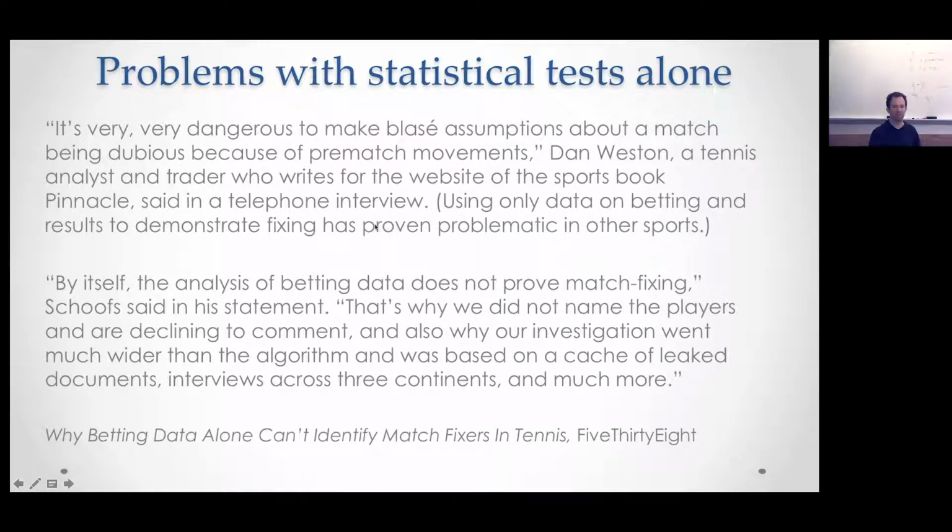Doing the same thing has proven problematic in other sports. So that feels like one of those sentences where the reporter knows a lot. They probably have like pages of interview notes and like interesting links, but they haven't given it to us. Team sports, for instance. Yeah, I'm sure there's a long history of trying to detect cheating through statistical methods.